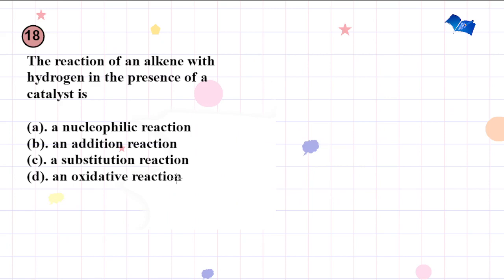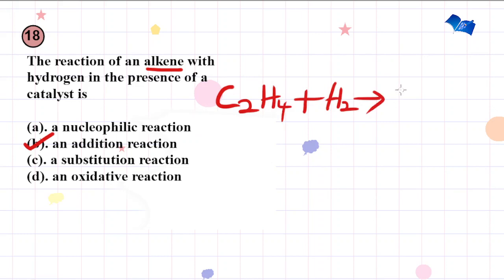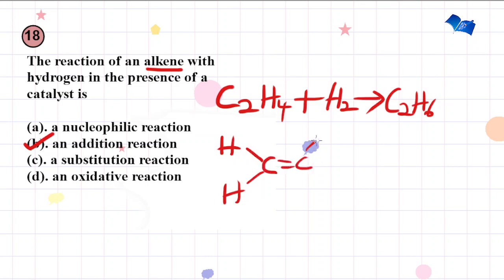Next question. The reaction of an alkene with hydrogen in the presence of a catalyst is an addition reaction. Alkenes are unsaturated hydrocarbons, so they can easily undergo addition reaction in order to be saturated. For instance, ethene reacting with hydrogen, you get the corresponding alkane, which is ethane, C2H6. So we have H, then C here.